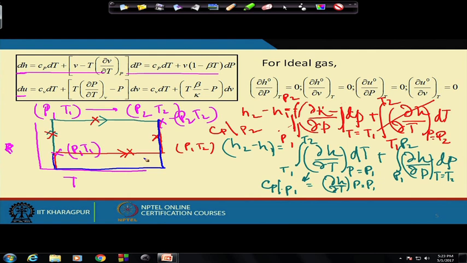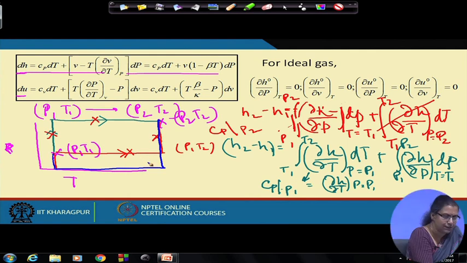So, the process which we would be preferring in this particular case is an isothermal expansion of the gas from P1 T1 to P equals to 0. At this P equals to 0, where the gas behaves as an ideal gas, we would like to bring about the change in temperature.